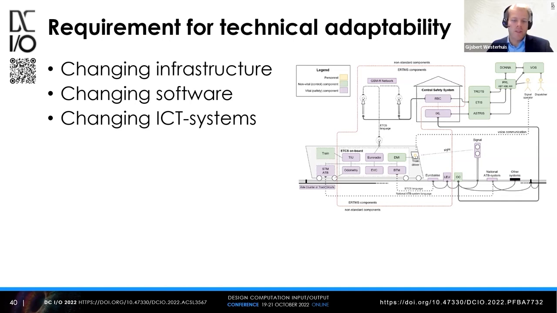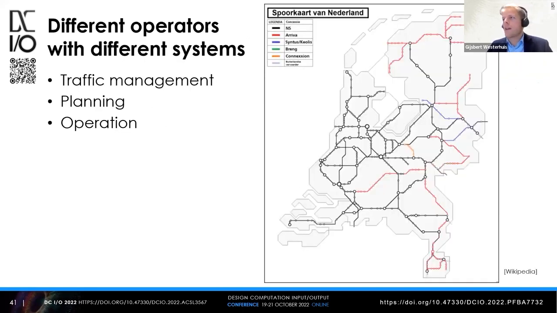As I showed you in one graph earlier, a lot of work has been done on the railway infrastructure, but also on ICT systems. That's especially the case because every operator has a different planning system, so there's no single source of truth.